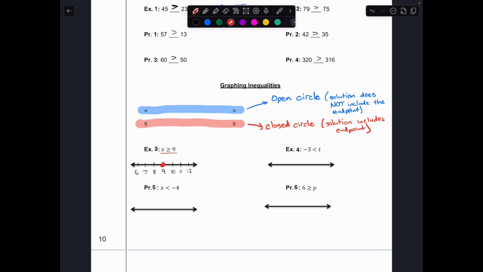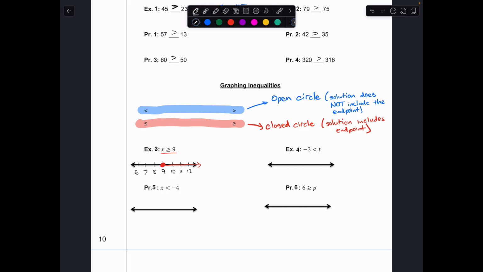This is saying x is greater than or equal to 9, so x could be 9 or greater than 9. It could be 10, 11, 12, so on. So our arrow is going to point to the right. Okay, and then I'll do the next one in green. So if we're going to graph this inequality, -3 is less than t.